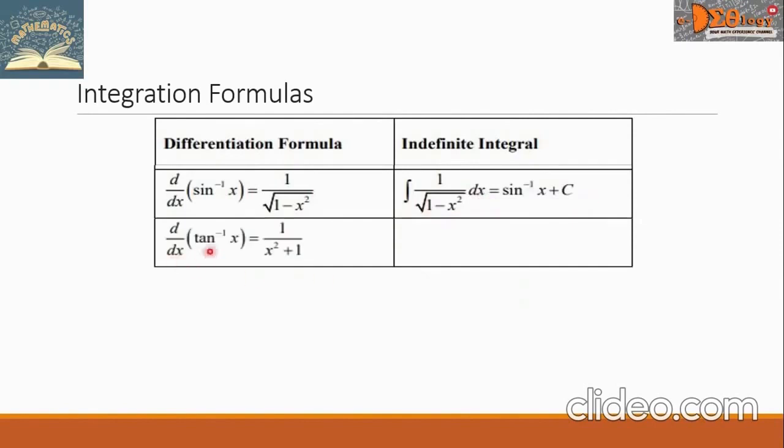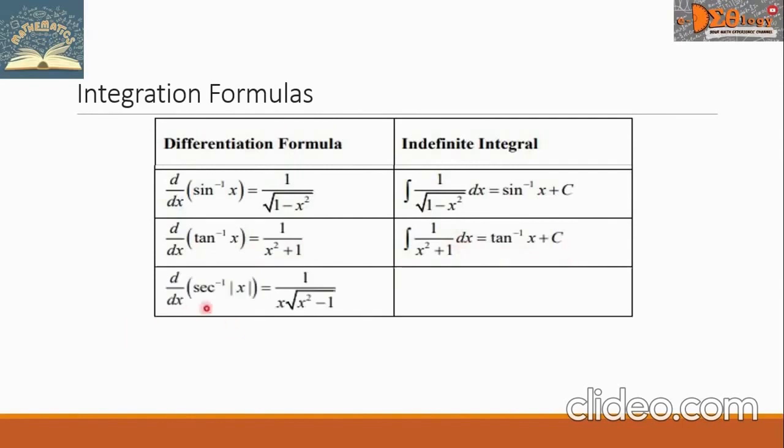The derivative of tangent inverse x equals 1 over x squared plus 1. The integral of 1 over the quantity x squared plus 1 dx equals tangent inverse x plus c.